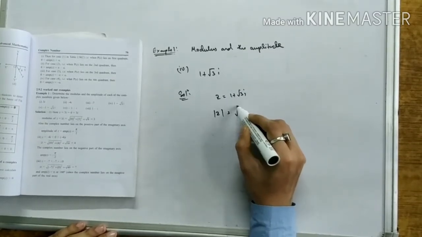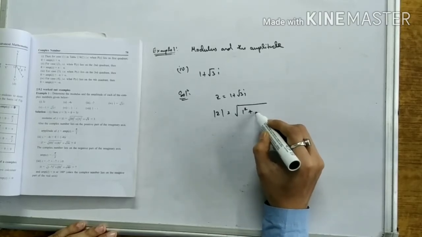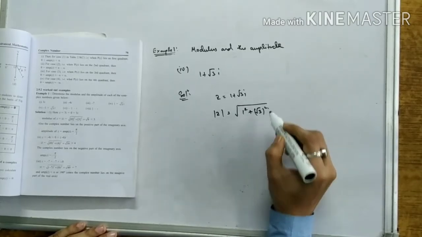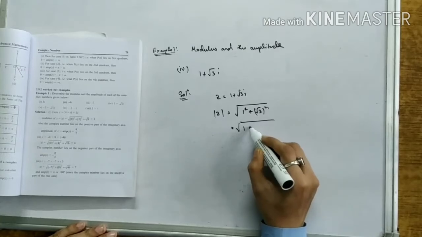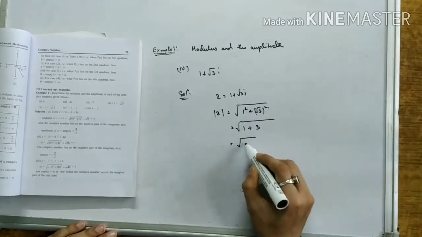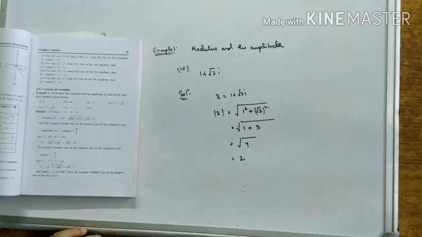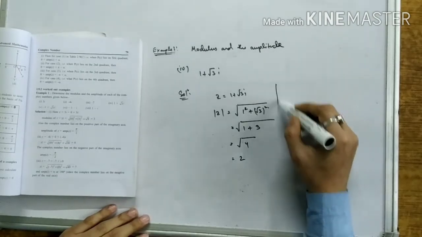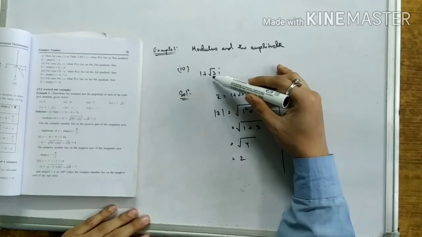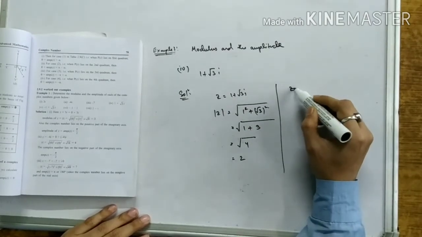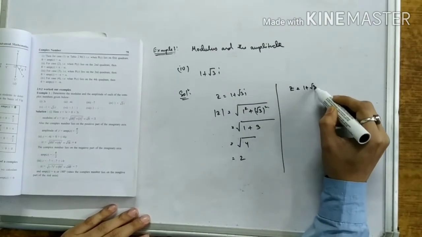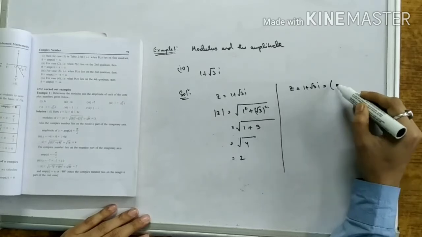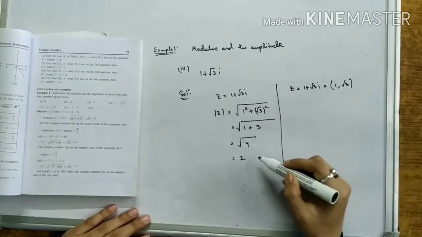So modulus z will become the square root of 1 square plus root 3 whole square. So this becomes 1 plus 3, this becomes 4, and modulus z is equal to 2.